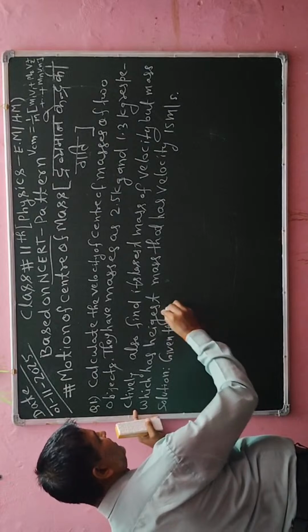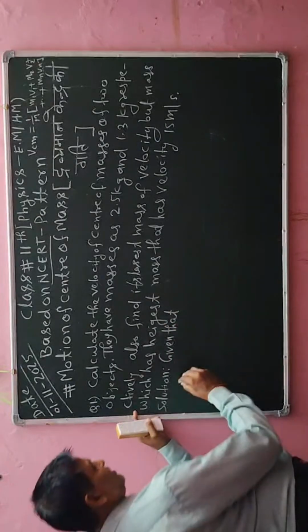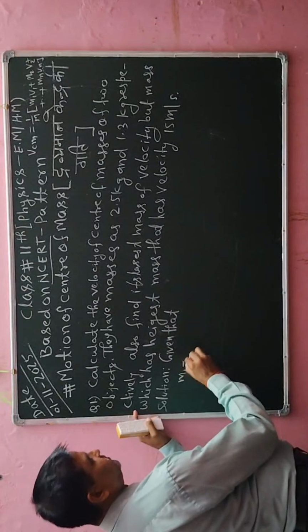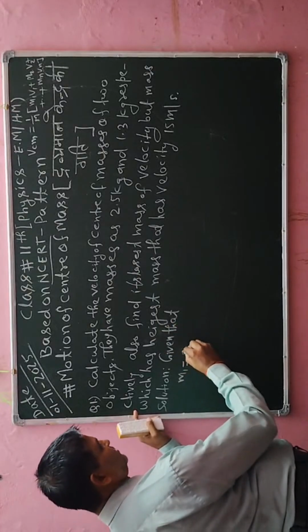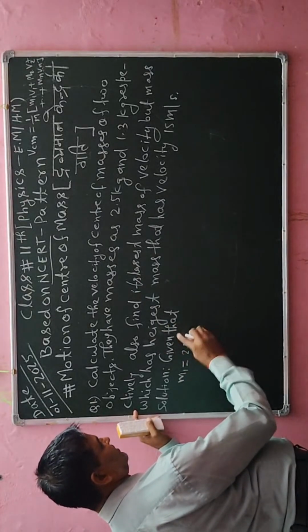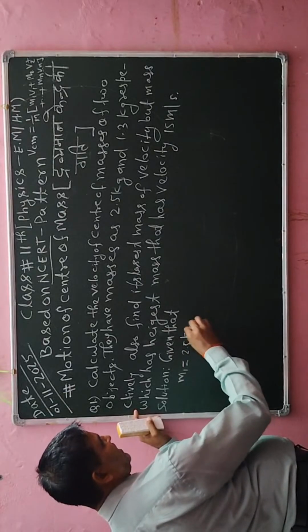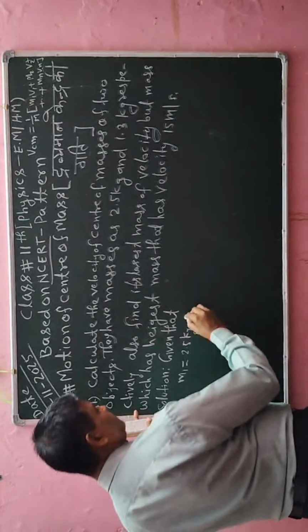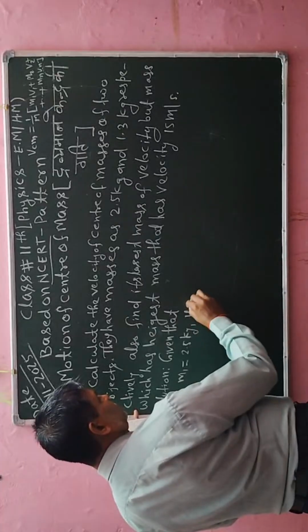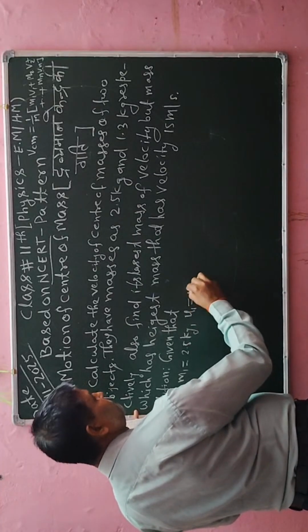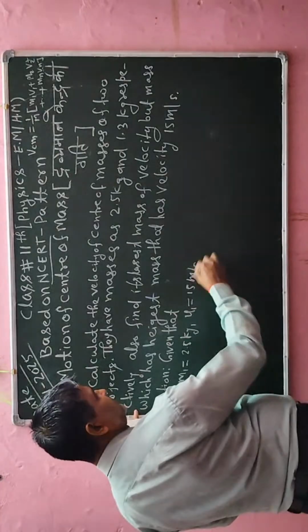So given that information, I have to write. Now m1, the mass of the first object, is 2.5 kg, and it has velocity u1, which is 15 meter per second. It is given.